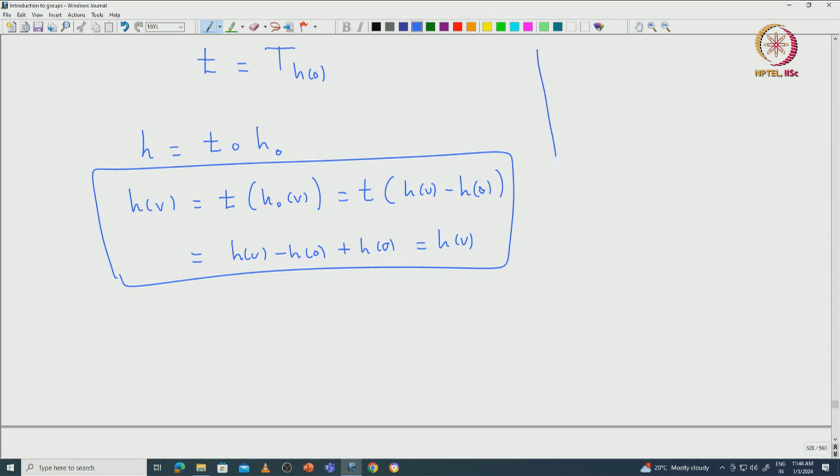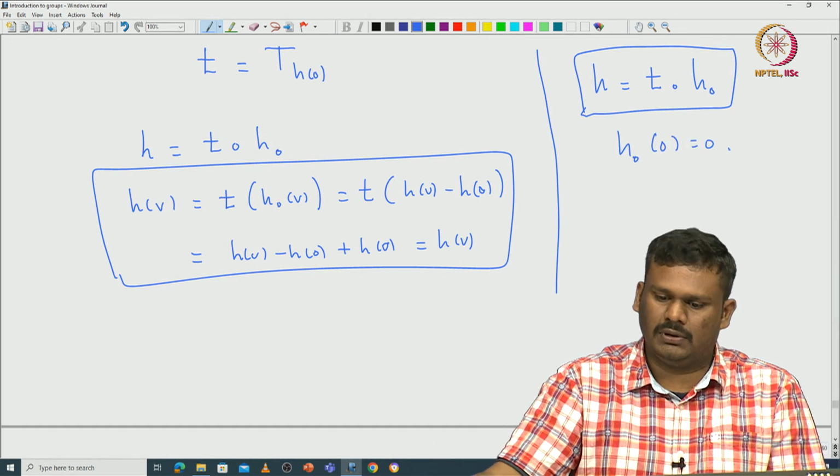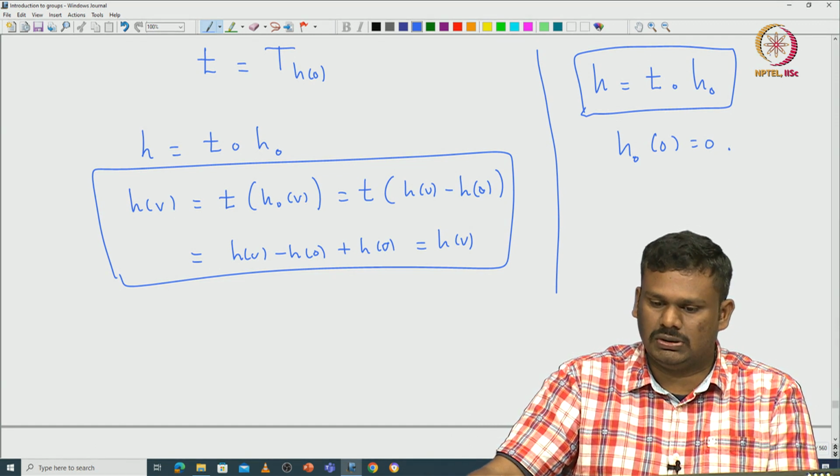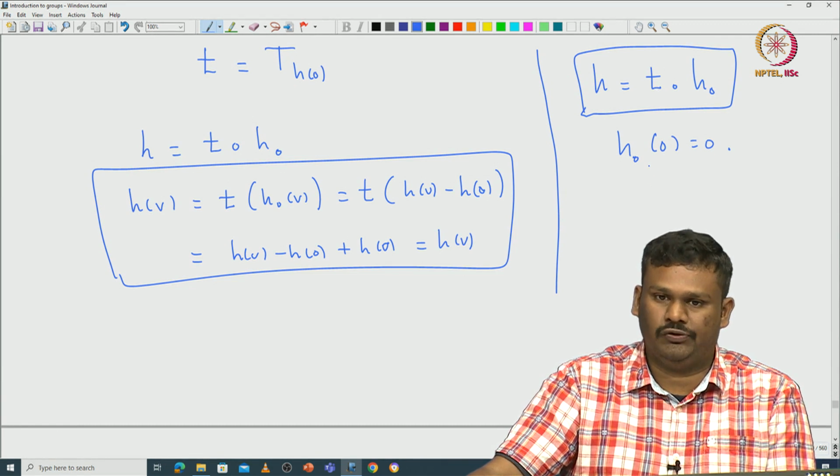Okay. So, what have we observed? We have observed that any H is given by T composition H naught, where H naught is an isometry that fixes origin. Translations are easy to understand. So, that reduces our problem to understanding isometries that fix origin.